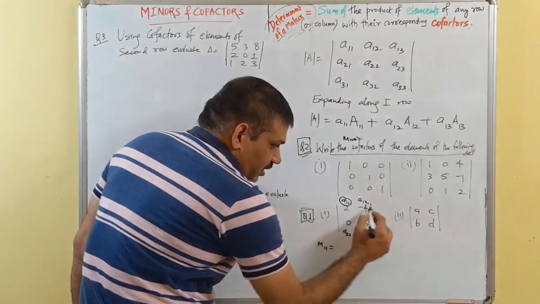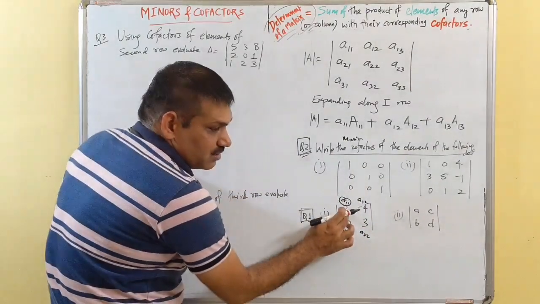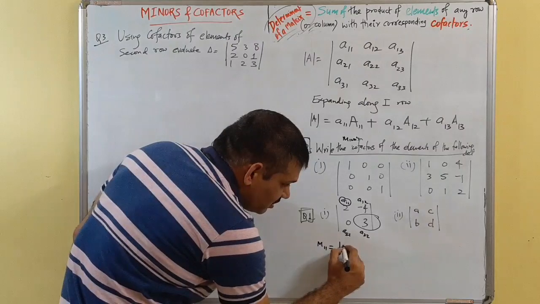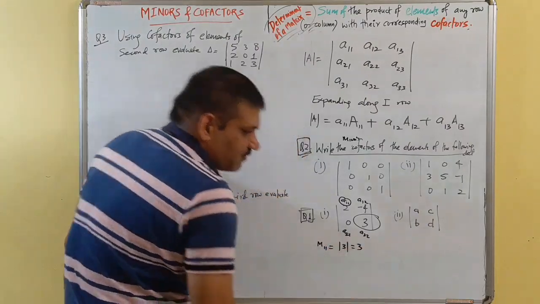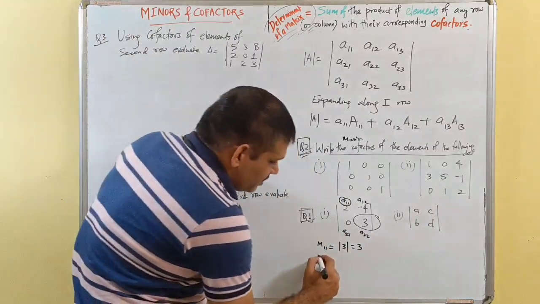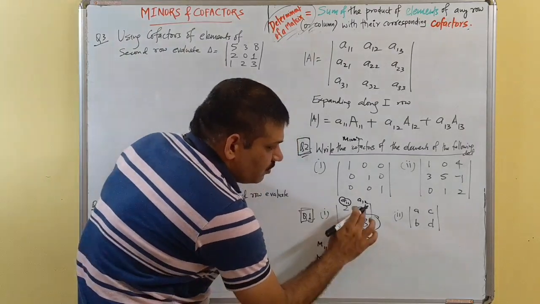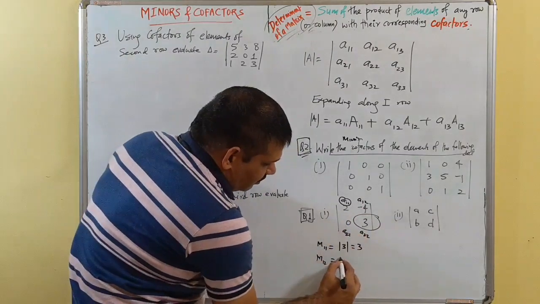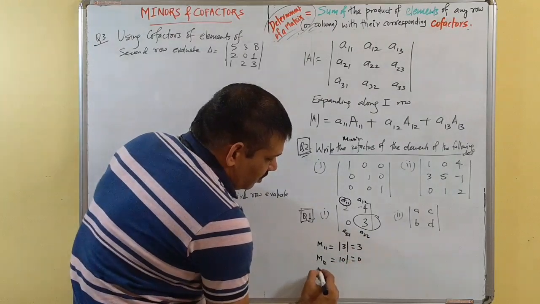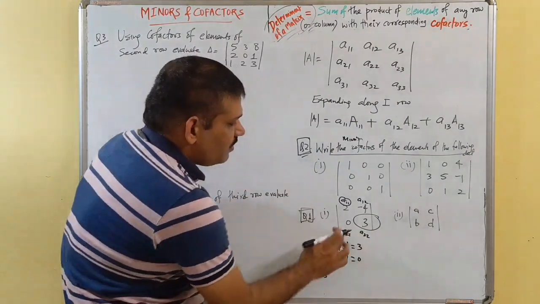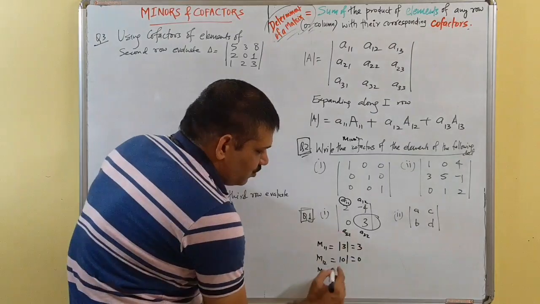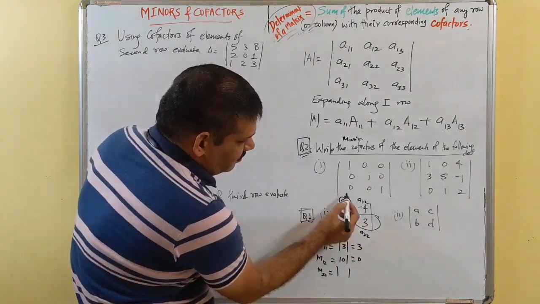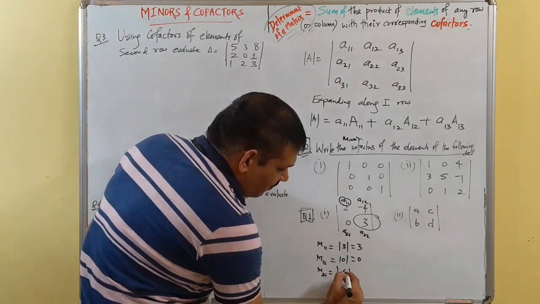I'll delete the ith row and jth column in which this particular element lies. The determinant of the remaining is 3. What is M12? We'll delete this row and column, and the determinant of 0 is 0. Now M21: I'll delete this row and this column, the determinant of -4.